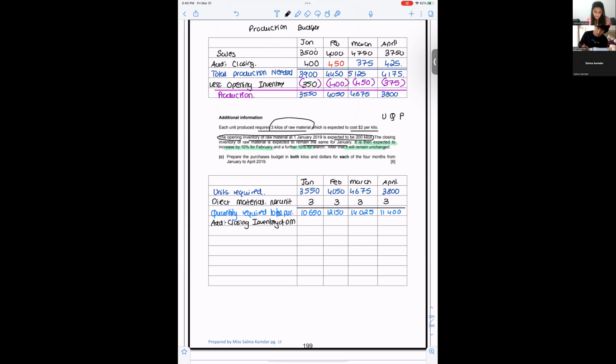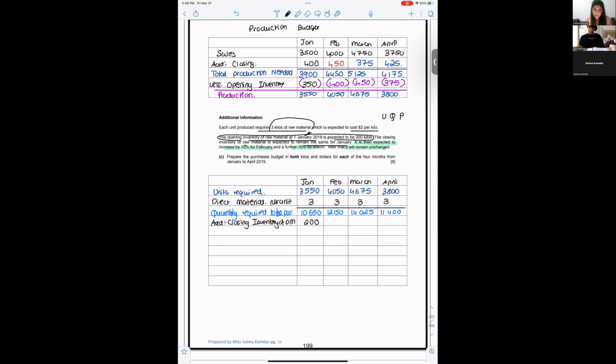What is the closing inventory of raw material? Opening inventory of raw material is expected to be 200 kgs for 1st Jan, and the closing inventory of raw material is also expected to remain the same for January.